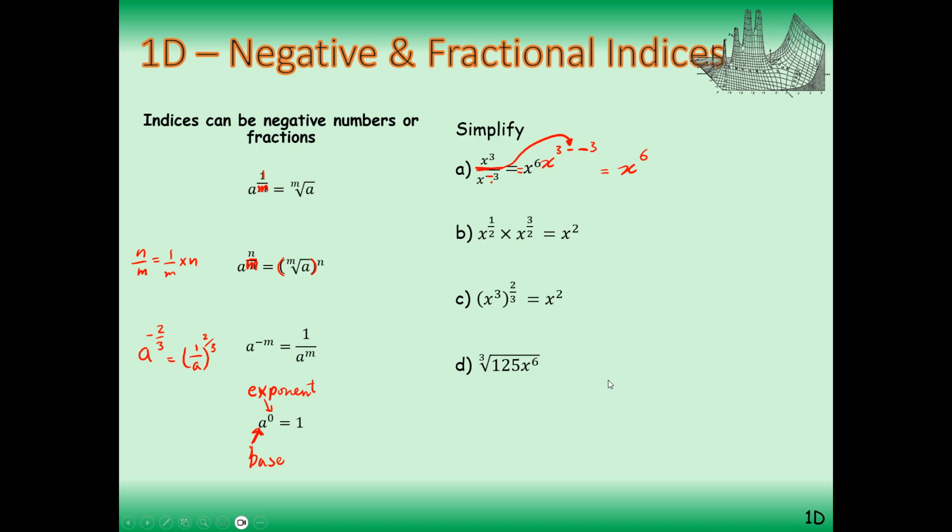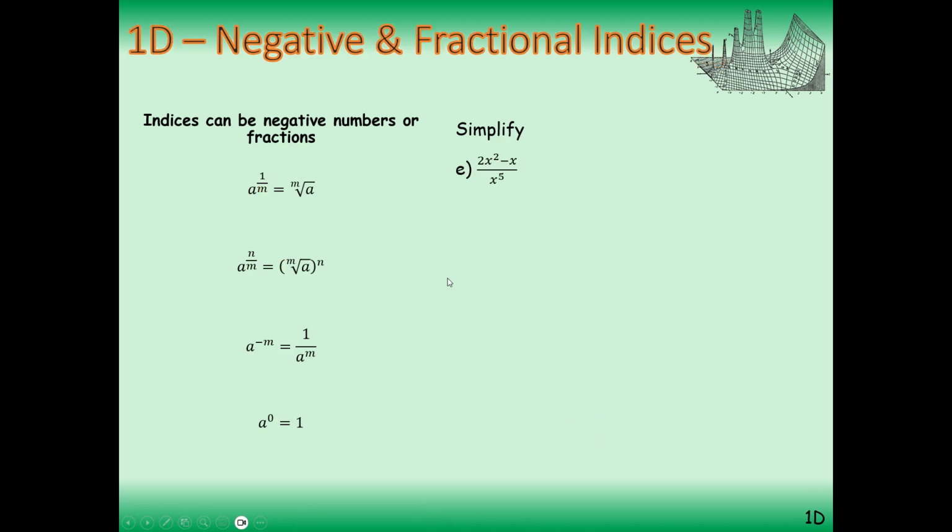So we'll end up with 5x squared. Or you could rewrite it like so. Alright, here we are distributing the power, the third root of 125, and multiply 6 by a third. You get x squared.